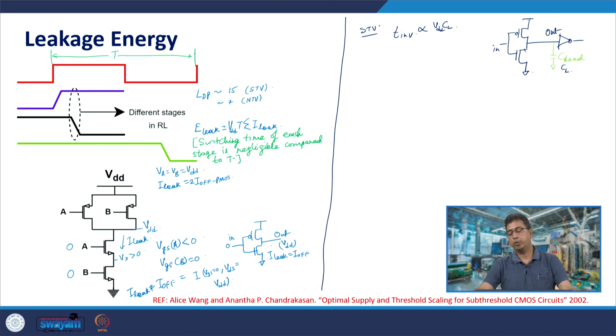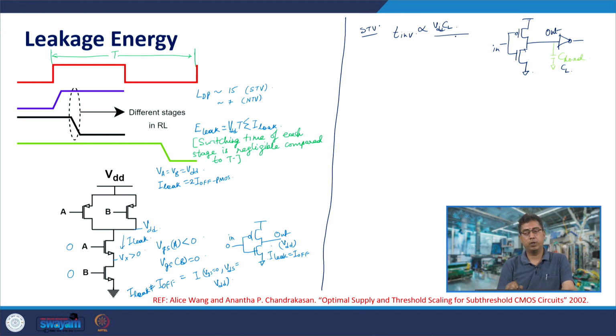This is the amount of charge which must be discharged. Either it should be charged to this value from 0, or it is discharged from this value. And now what is the current? The delay should be inversely proportional to the current, the average or switching current, if you call it that.